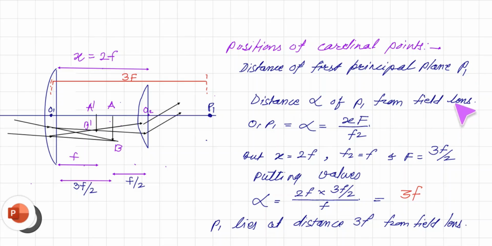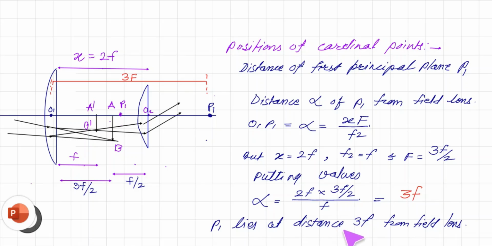From the field lens, that is O1 to P1, equal to alpha. According to the formula, alpha is equal to x capital F upon F2. So x is 2f, the distance of separation, F2 is equal to f, and capital F, the equivalent focal length, is 3f by 2. Putting this value, we get alpha equal to 3f.